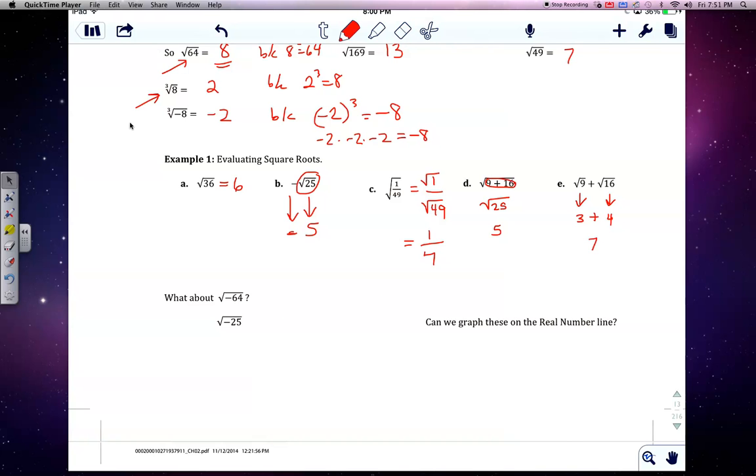So the answer to this problem is the square root of negative 64 is not real. It's not a real number. And the same thing is true for the square root of negative 25. So when you take the square root of a negative value, it's always going to be not real.